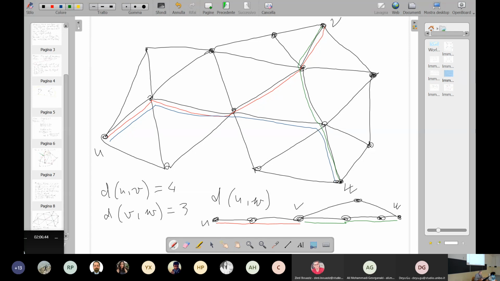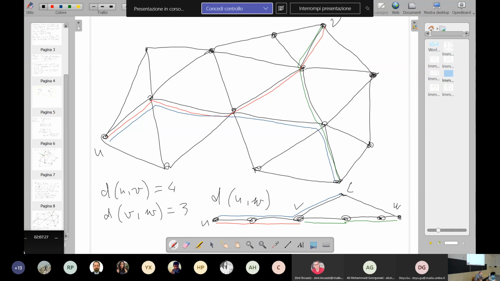And in fact, we have a still shorter path from U to, this is not W, let's call it in another way, T. So you get this.